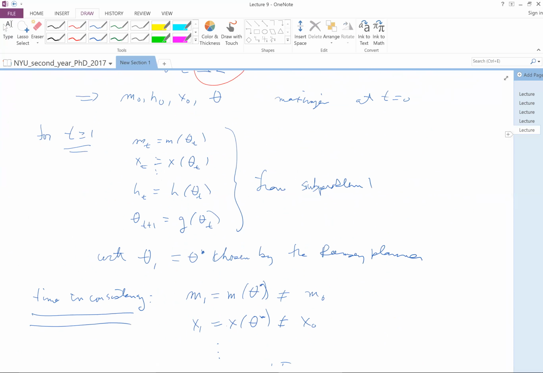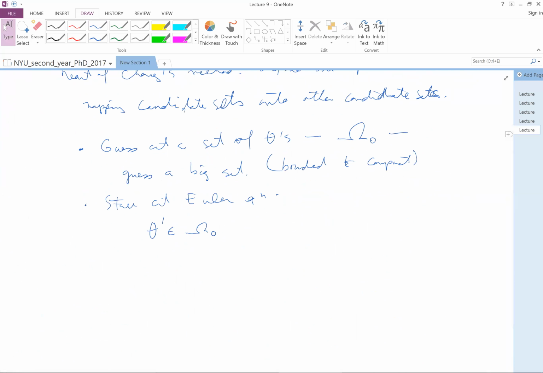It has a form like this: theta is equal to some function, I'll call it this, of m, x, implicitly of h, because there's other restrictions, and a theta prime. It maps next period theta and this triple of things into a theta today.